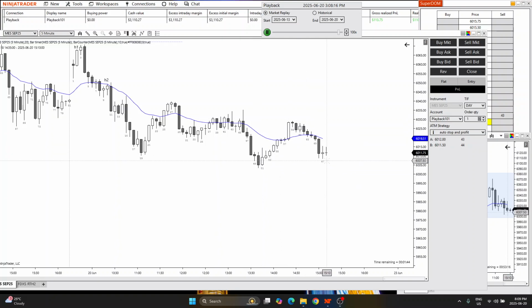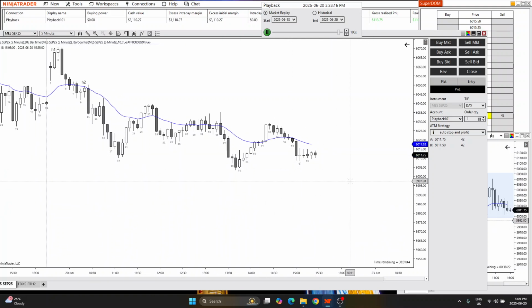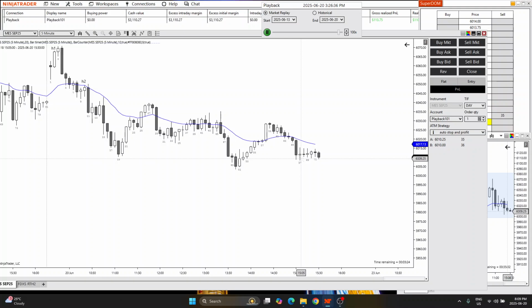So bears got their second leg here and then bulls would also be hoping for a small leg at least. I think it's also going to be a trading range. See all these bars, 5, 10, 15, 20, 25 minutes, price went nowhere, same place.